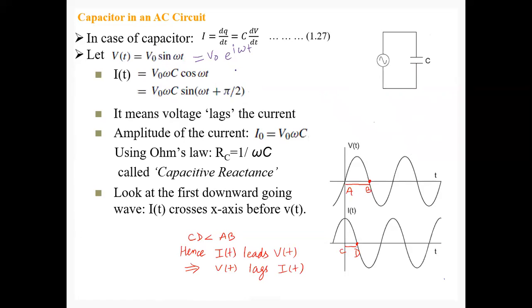Okay. So this is my A, and this is my B, right? B is this. So then, what is your i? i equals C. This is C, right? Then what is the derivative of this guy? It's i omega V0 e to the i omega t.